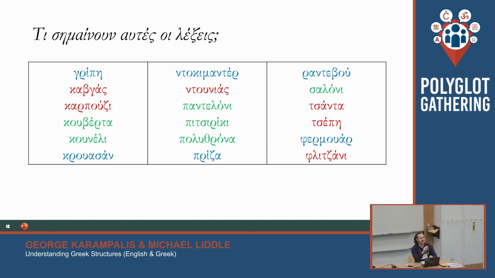This is where it comes from. Yeah. Karpouzi. Watermelon, yeah. Kouverta. Yes, exactly. So we've gone from coperta to cuberta. Kounelli. Rabbit, yeah. Coniglio, kounelli.